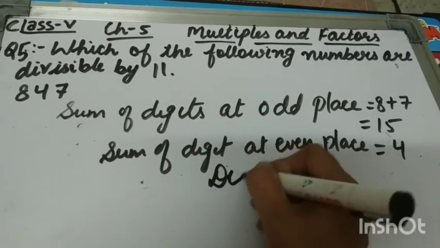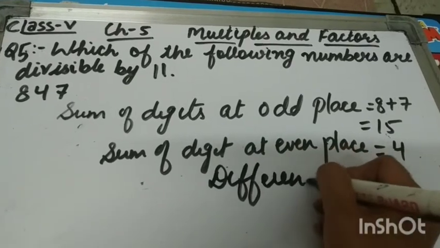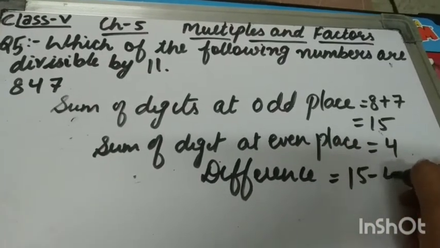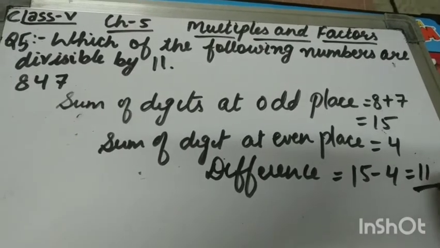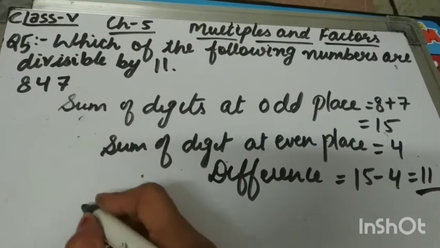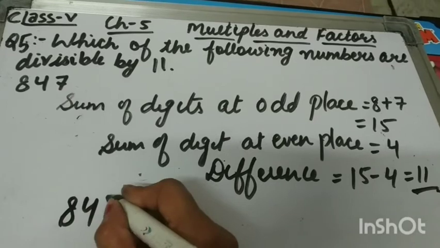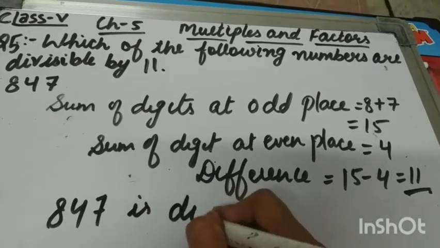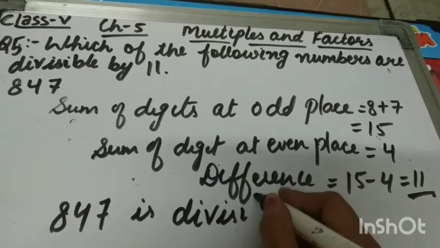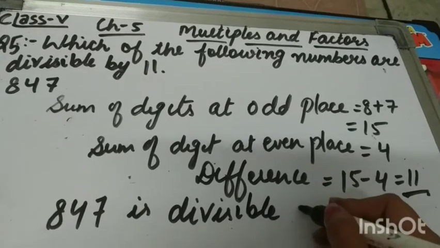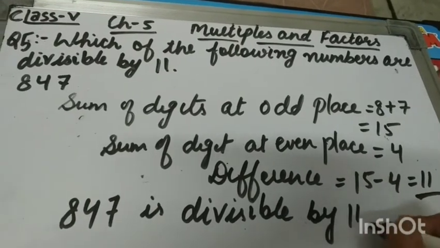Now find the difference. The difference is 15 minus 4, which is 11. So 847 is divisible by 11, because the difference is 11.